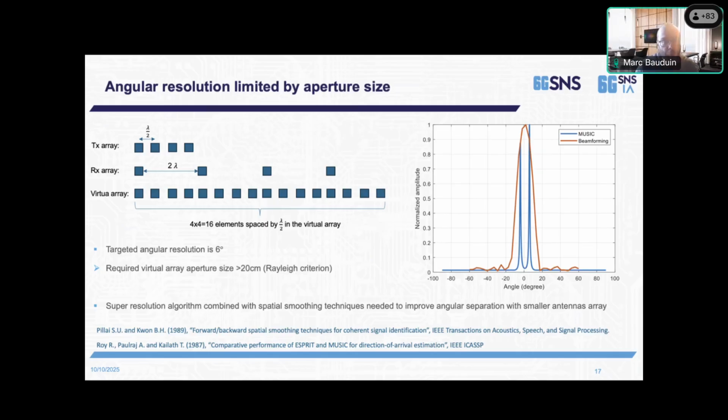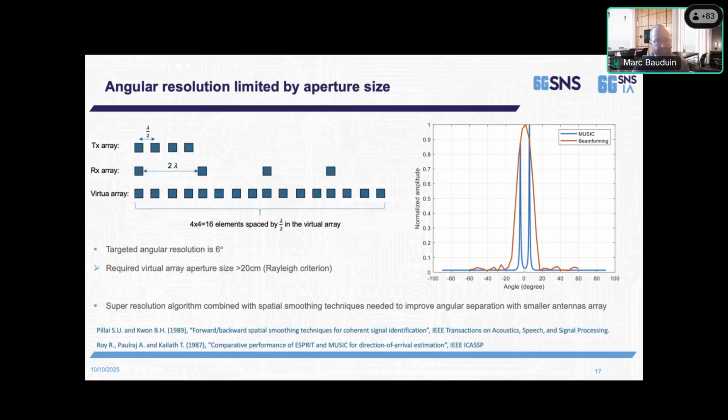In this figure, we see that if you have 4 transmit antennas and 4 receive antennas, we can in fact synthesize a virtual array which contains 16 elements. That is used to achieve high angular resolution.